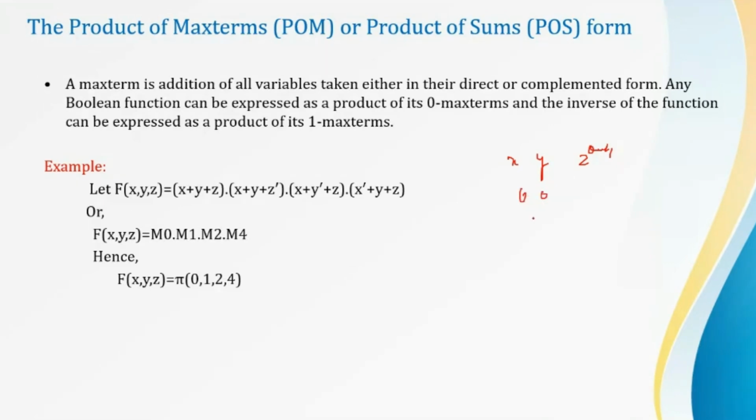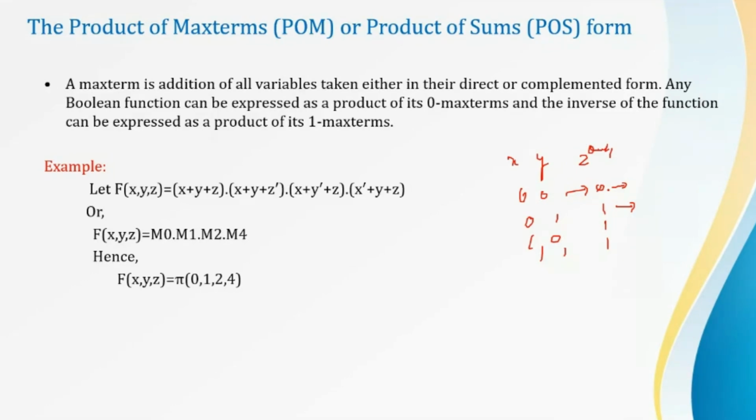Okay. 0, 0, 0, 1, 1, 0, 1, 1. So here what happens? 0, 1, 1, 1. So always we'll be checking for the 0 here. Okay. Whatever maximum we are taking, we will be taking as a 0.